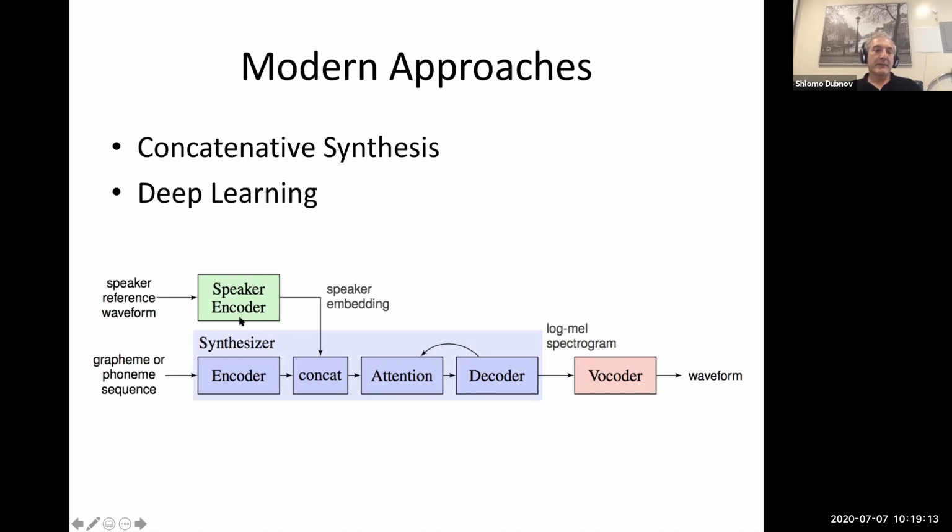This is an important thing, because every speaker will have his own voice, his own style of speaking. You basically concatenate them together, and then you pass this to, in this case, an RNN with attention. We have seen a graph of Tacotron in some of the previous slides, and this will generate a spectrogram, log mel spectrogram, or some other frequency representation that then will be passed to a vocoder.